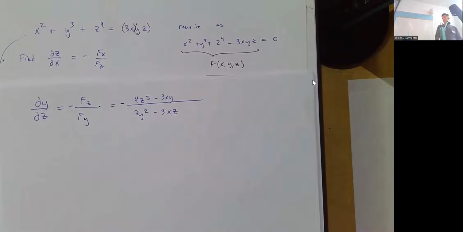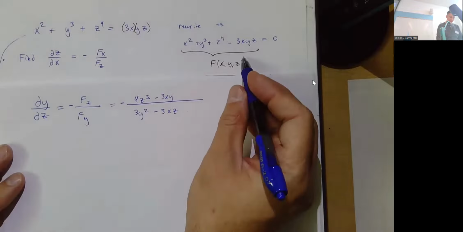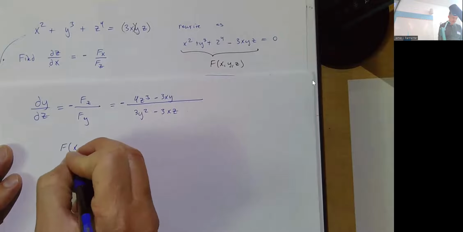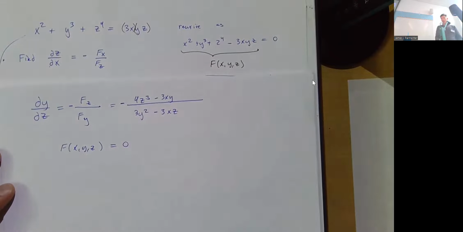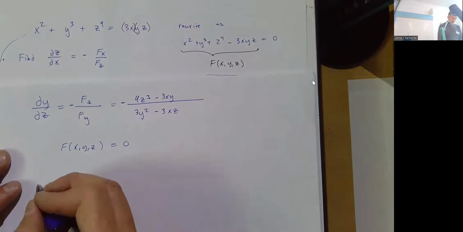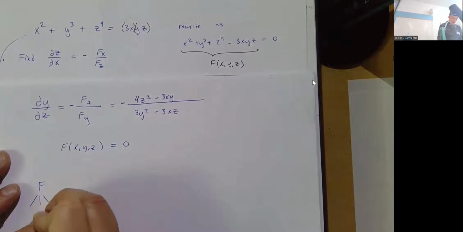I think the way your professor has been more imagining it, at least from what I saw from the quiz problems, is we're thinking of having f of x, y, z equal to 0. And when you take the derivative of both sides, we're imagining f as a function of x, y, and z.